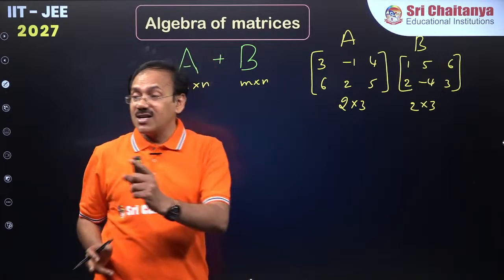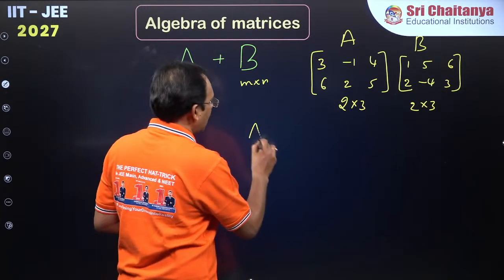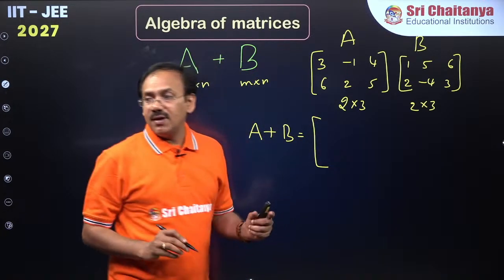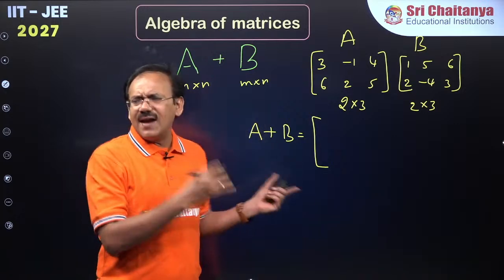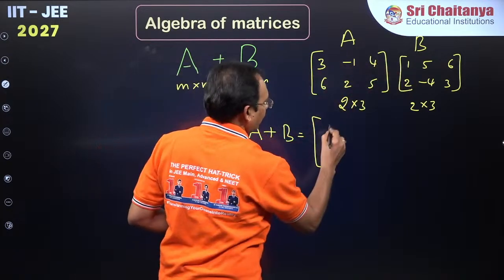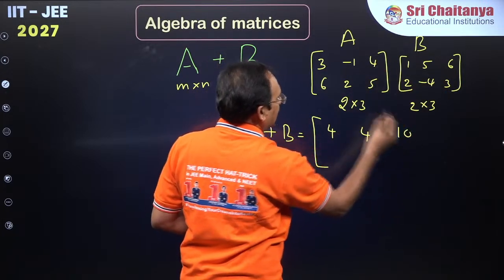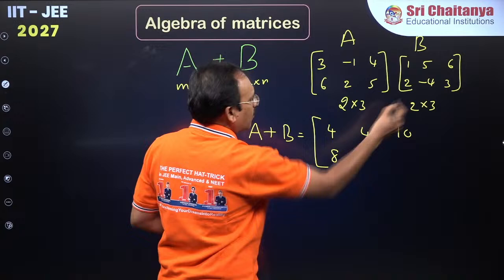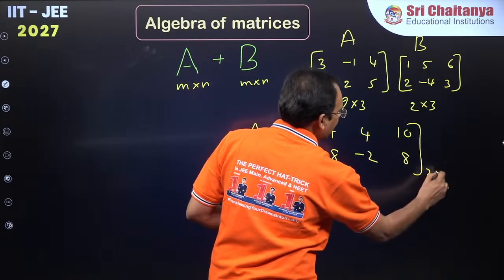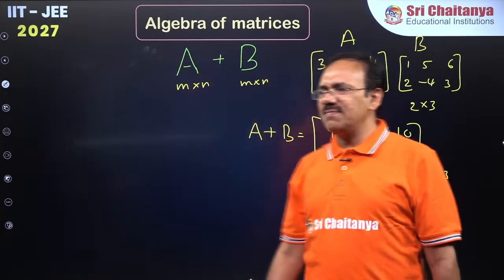Since their orders are the same, we can add A plus B. The addition process is adding the corresponding elements. 3 plus 1, 4; -1 plus 5, 4; 4 plus 6, 10; 6 plus 2, 8; 2 minus 4, -2; 5 plus 3, 8, which is again a 2 by 3 matrix. Clear everyone? How simple it is.